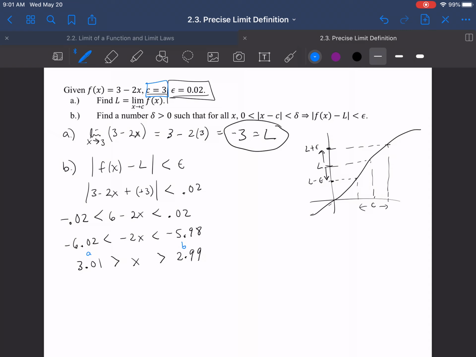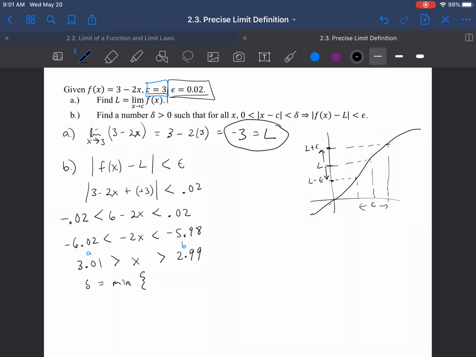And so now we've got that this is A, this is B, and remember C was given right up here. And so we need to check for delta. Delta is going to equal the minimum of whichever between A and B is closer to being C, and how far apart they are. So in this case, we'll have the absolute value of 3.01 minus 3, or the absolute value of 2.99 minus 3.